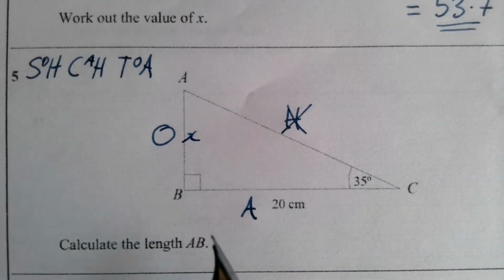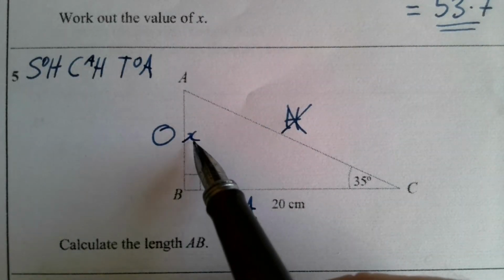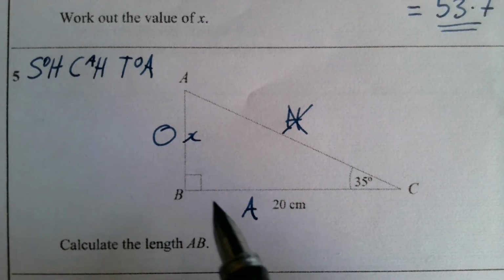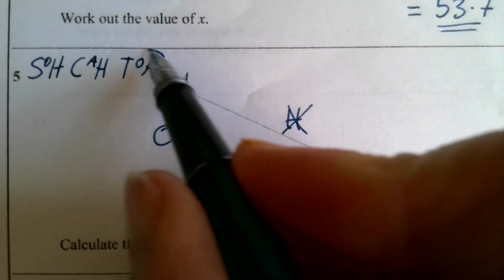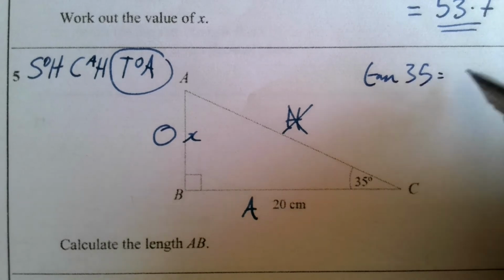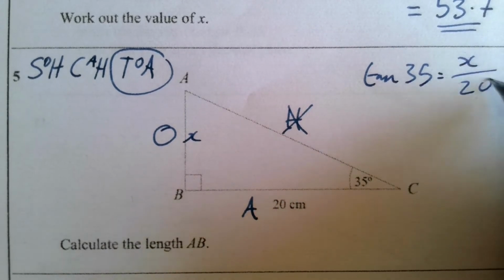So I've done my SOH CAH TOA, I've labelled my sides, I've even put an X on AB because that's my distance that I'm trying to find. So it's opposite that I want with the adjacent as well. So it's tan 35 equals X over 20.